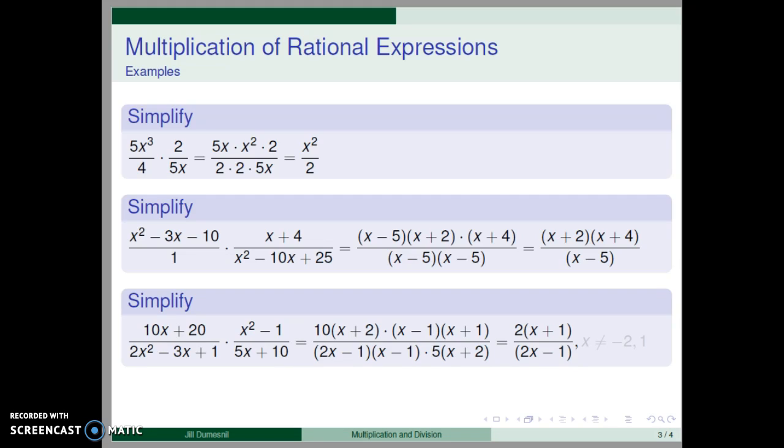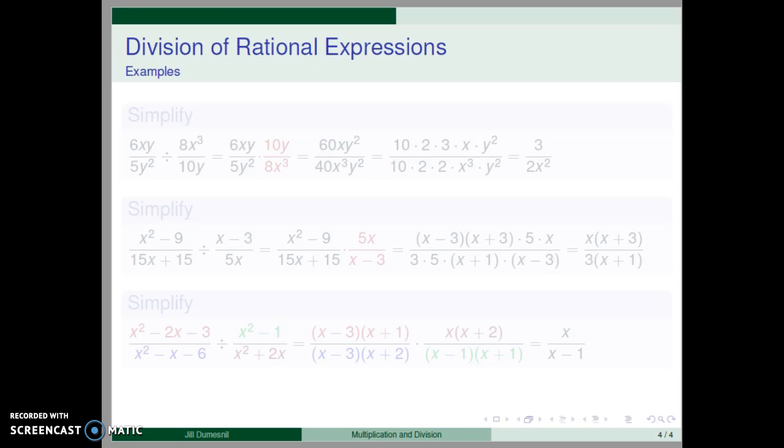However, in the original product, it was clear that x couldn't be -2, 1, or a half. In our final answer, it's still obvious that x cannot equal 1/2, but we made the other two restrictions invisible with our cancellations. Therefore, we should explicitly state that x cannot equal -2 or 1 in our simplified product.